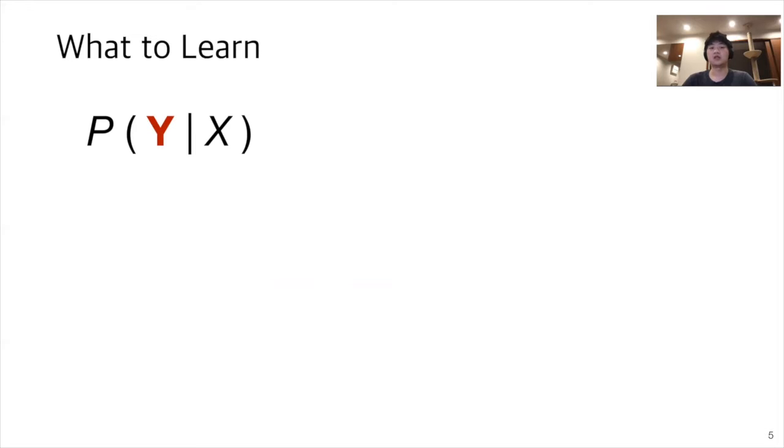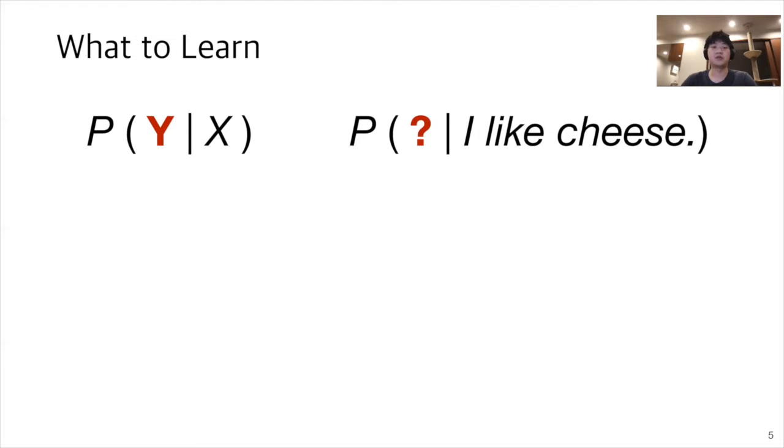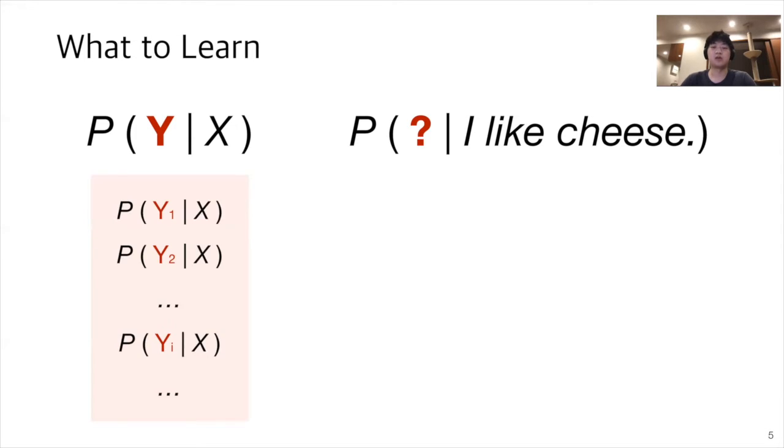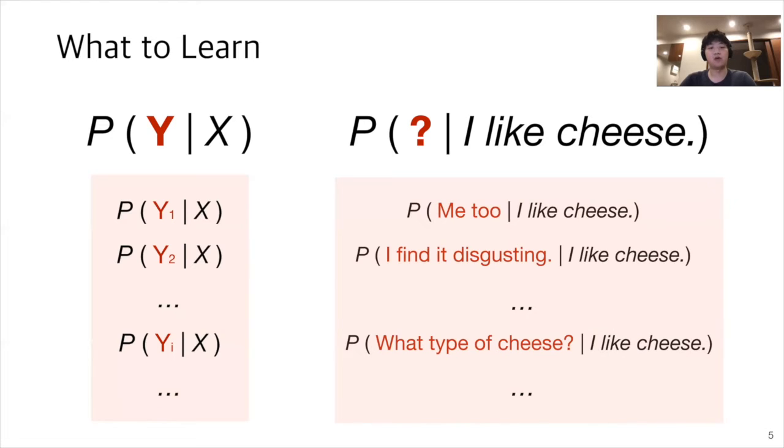In dialogue systems, instead, we want to learn the probability distribution of y given x, where x is the input context and y is all the possible responses. And we want to know the probability of all the responses given the same context.